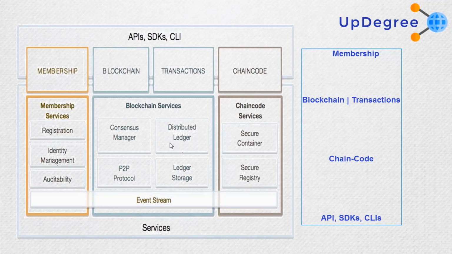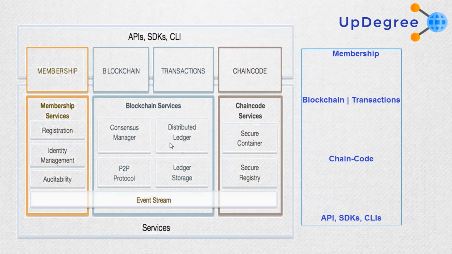So what are the 4 things that Hyperledger provides? One is membership. Second is blockchain and transaction. Then there is chain code, and it's all linked with APIs, SDKs, and CLIs. If you go down to membership, you have registration, identity management, and auditability. If you look at blockchain services or transactions, you have consensus, a distributed ledger, a peer-to-peer protocol, and ledger storage. And there's chain code, where the implementation happens. It's a secure container.